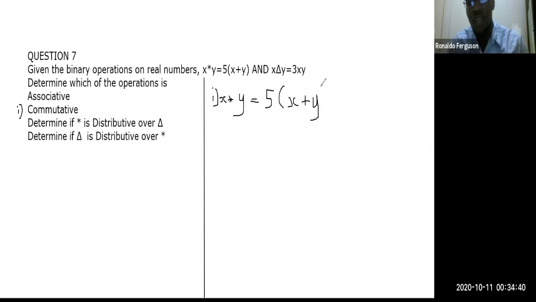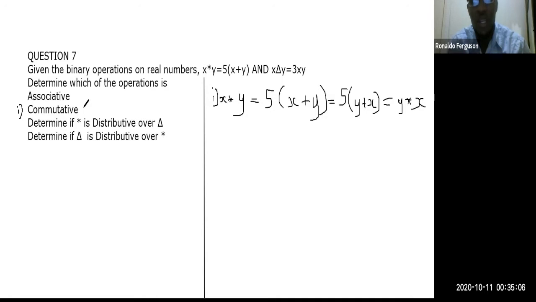According to operations on real numbers, x plus y is the same as y plus x. So I can rewrite this as 5 times y plus x, which would be y star x. And so x star y is equal to y star x.